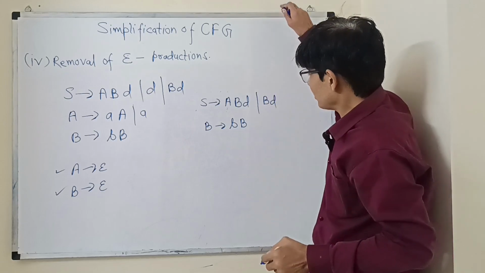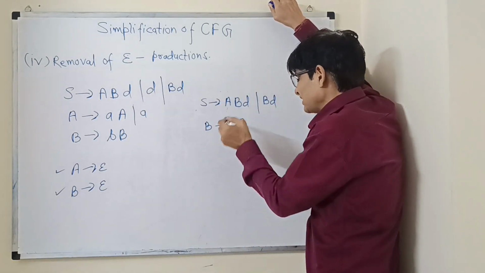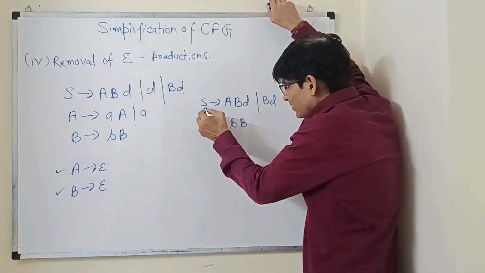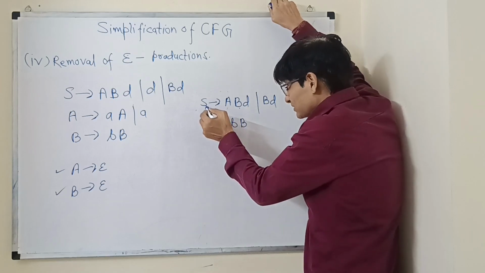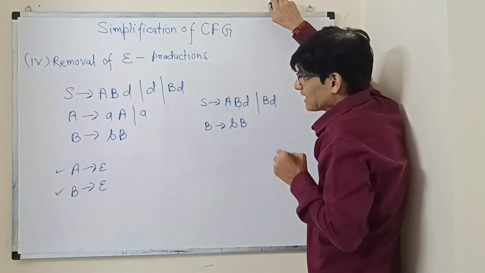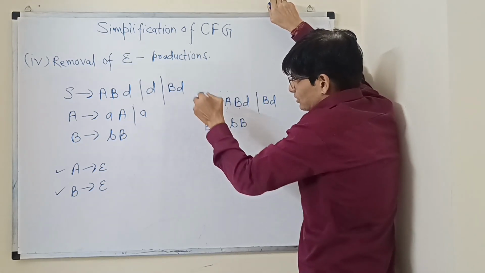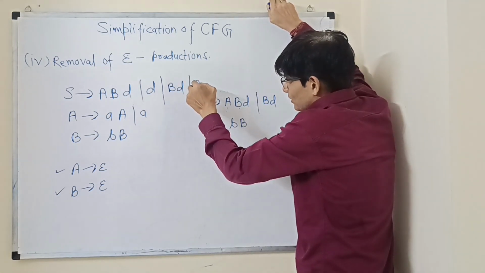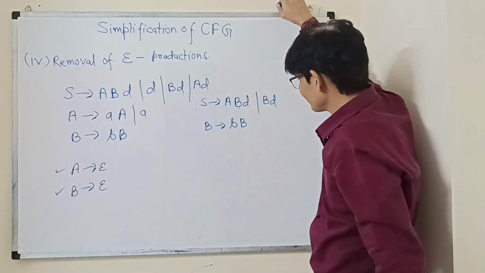Now one by one we will replace B with epsilon in each production. If I replace B with epsilon in the first production, it becomes S gives AD, which is not there in this list. So I can create one more production, S gives AD.